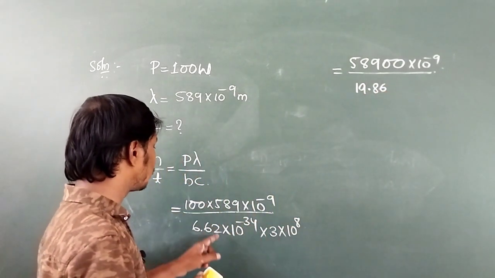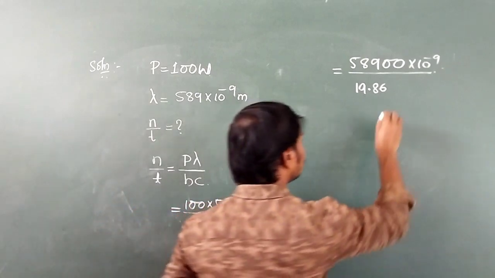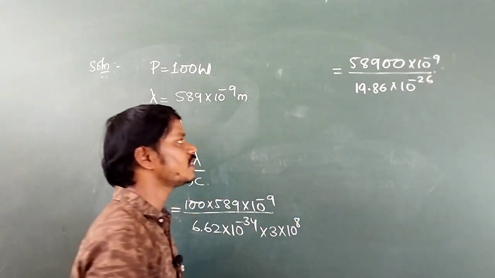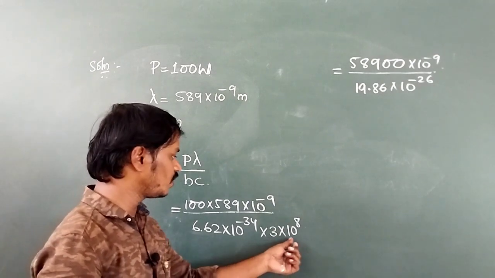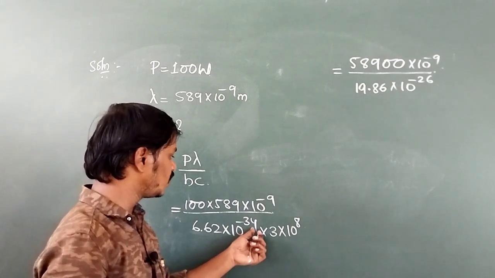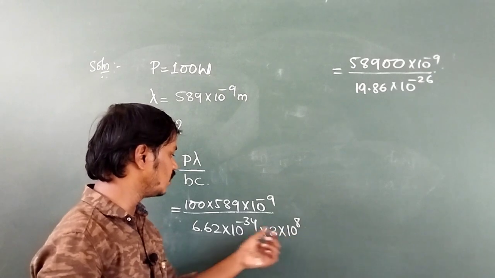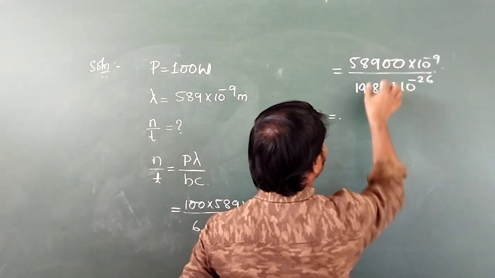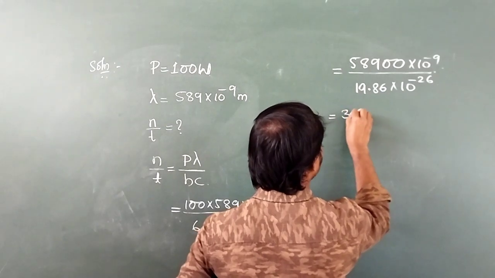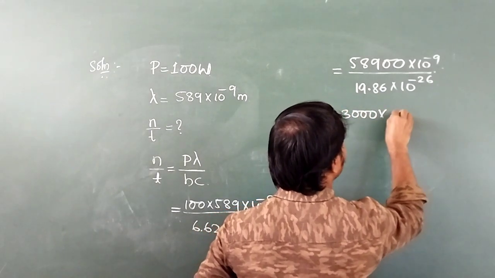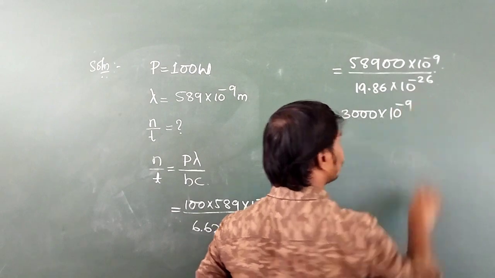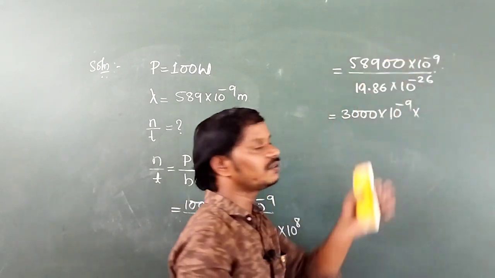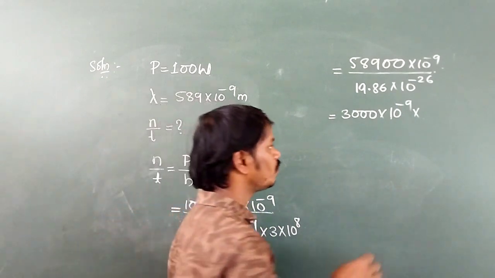The h into c value is 19.86 into 10 to the power of minus 26, since 10 to the power of minus 34 into 10 to the power of 8 is 10 to the power of minus 26. On solving this one, we will get the answer nearly about 3000. So 10 to the power of minus 9 into 10 to the power of minus 26 taken to the numerator becomes 10 to the power of plus 26.